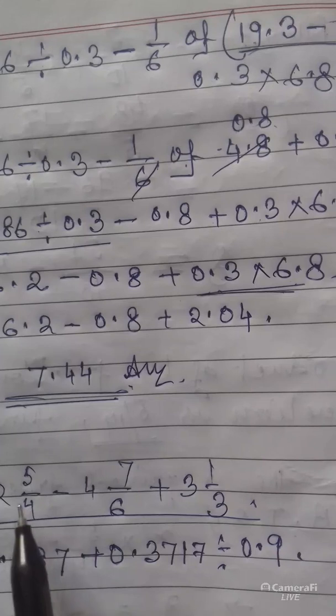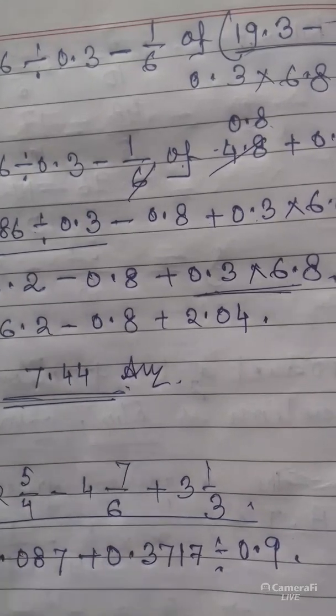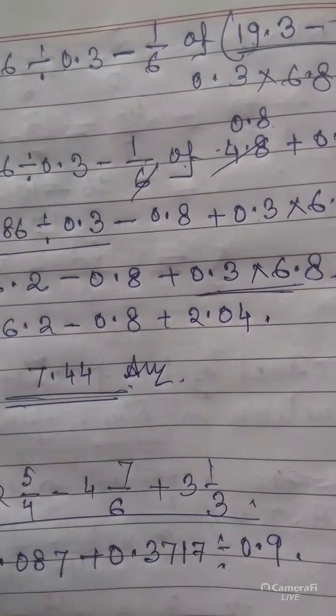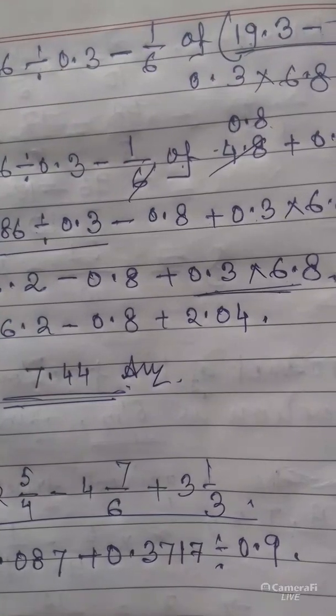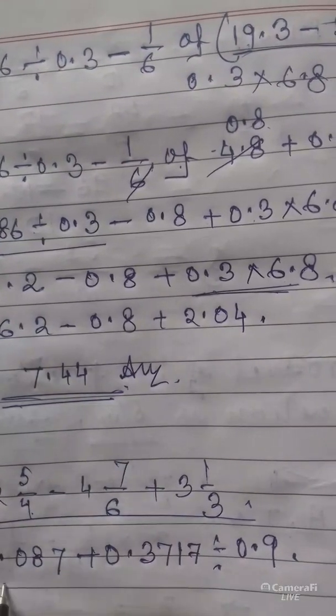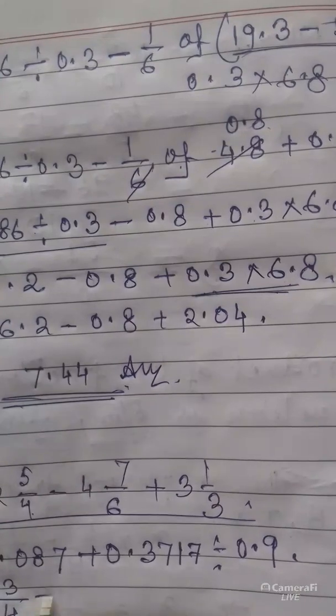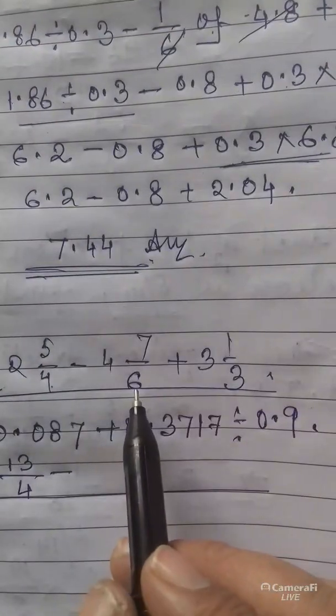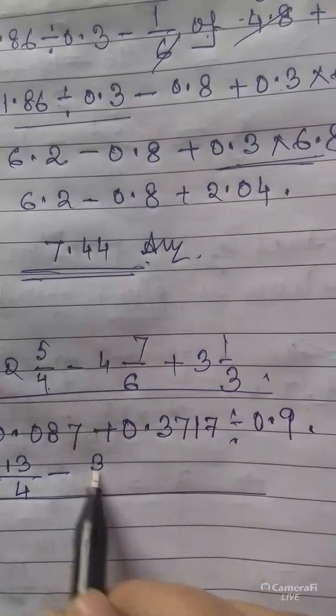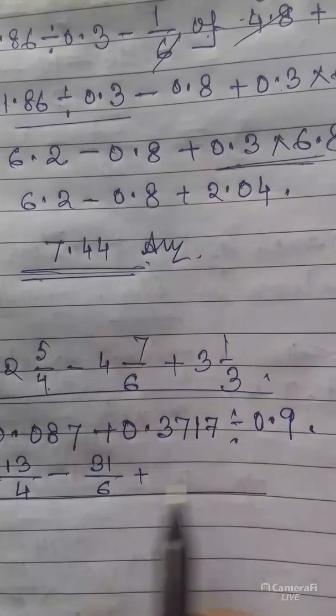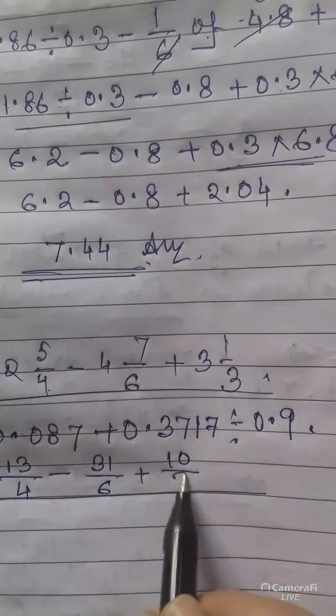First we have to convert mixed fractions to improper fractions. 2 whole 5 by 4 means 13 by 4, minus 4 whole 7 by 6 means 31 by 6, plus 10 by 3.